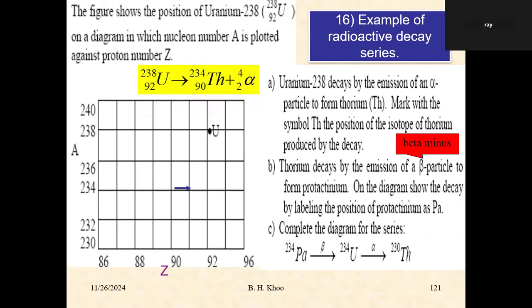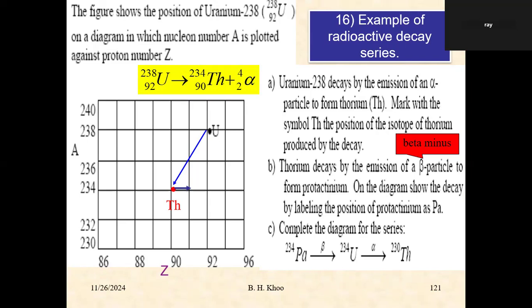We should be able to write the equation. So it should go that way, to thorium. Thorium decays by beta minus to protactinium. On the diagram, show the beta decay by labeling the position of protactinium as Pa.